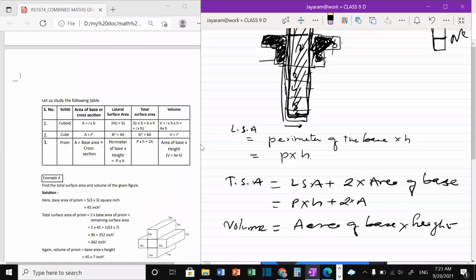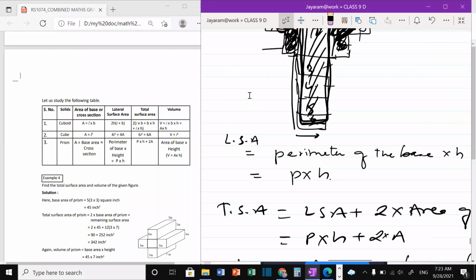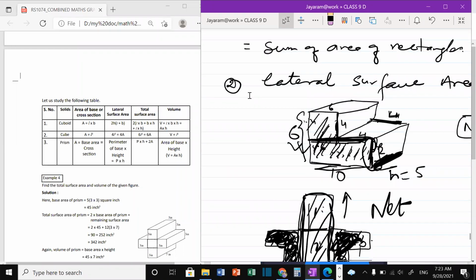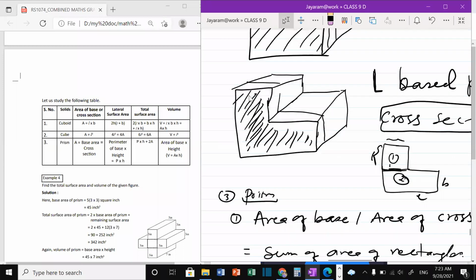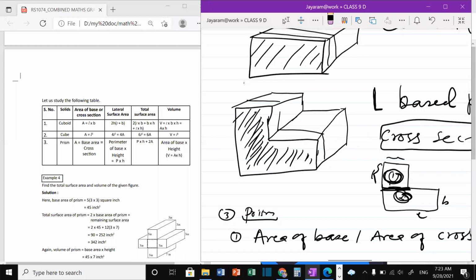How to find area of base, I have already told you above. Just make rectangles, partition with rectangle. For the first, do rectangle L into B, for the second, do L into B, then add, I said. So we have to find in that way.